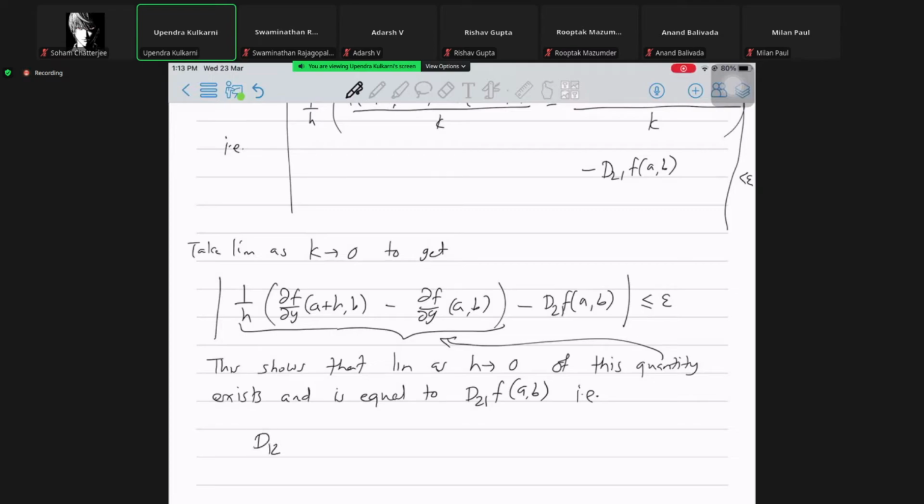D12 of f at a, b exists. So this is del by del x of del by del y of f at a comma b exists and is equal to D21 of f at a comma b.